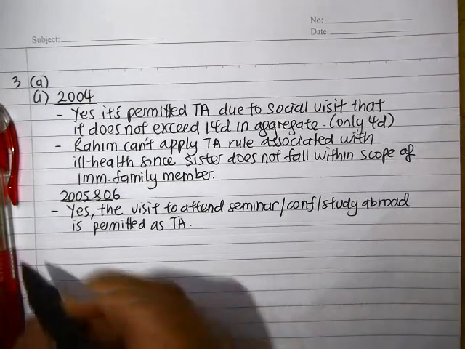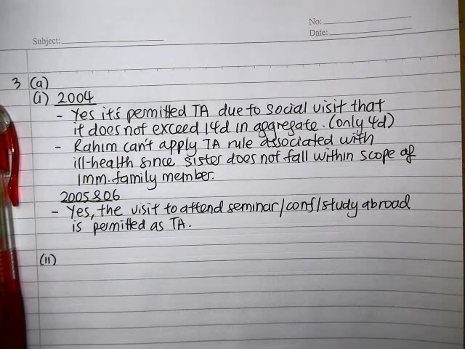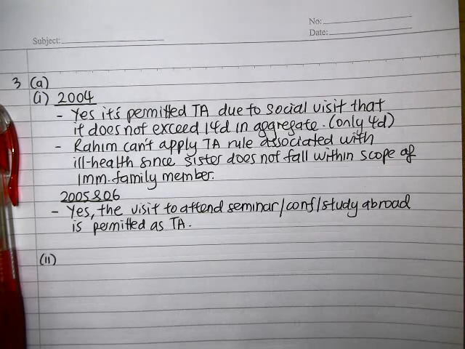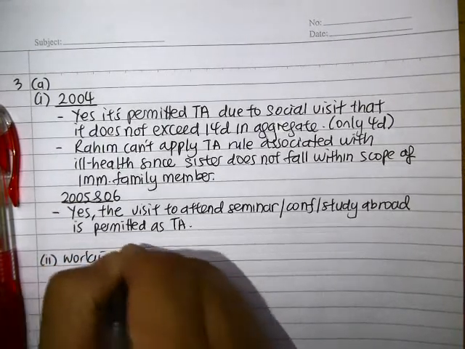Okay, so now we're going to work out part A number 2. First the status and then the reason why he is a resident. Now remember I've told you all the working that you do.